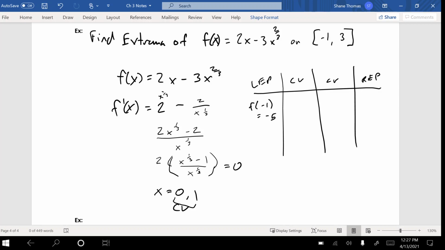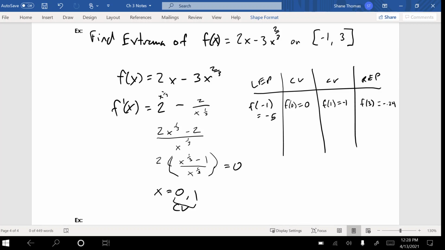Plug it in. This is just straight calculator work here. F at 0 is going to be 0. F at 1 is going to be -1. And f at 3, that's going to be 0.24 is actually what that is. And it's a little bit ugly.